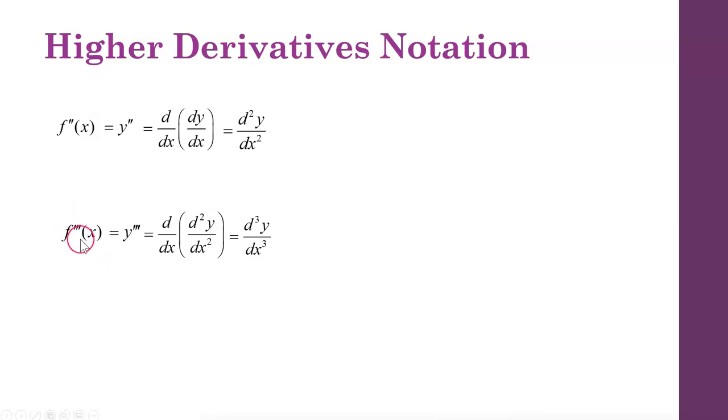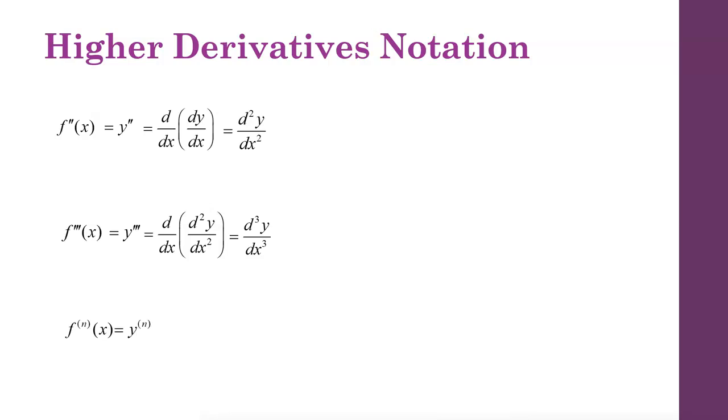Now, putting little dashes or primes on top could become a little messy. So at some point, we are going to switch, usually after 3. We switch to parentheses with a number up there. So if it was the 4th derivative, it would be f to the 4th, and the 4 would be in parentheses just to distinguish between it being an exponent versus it being a derivative.